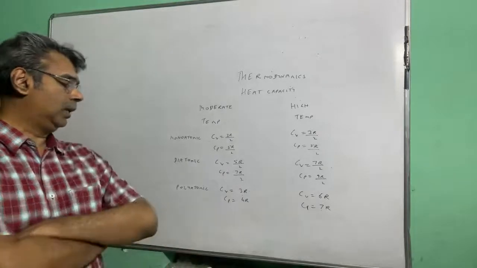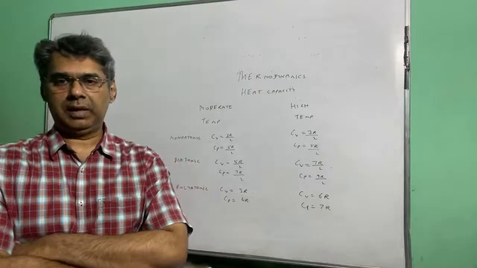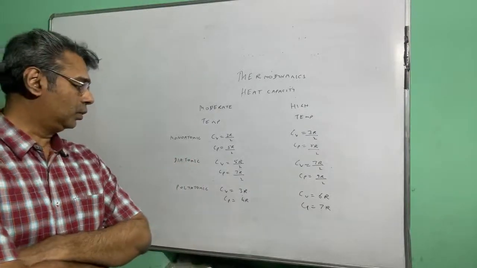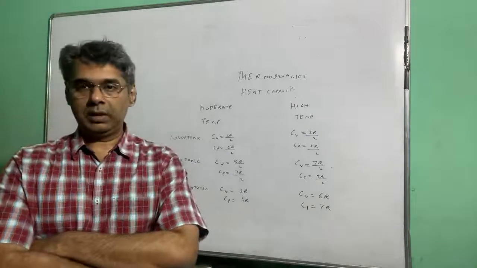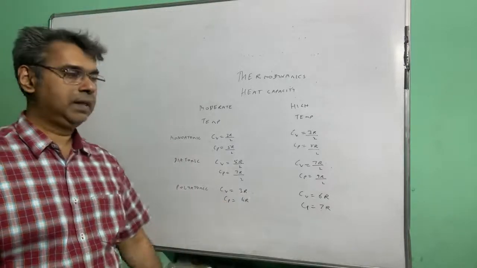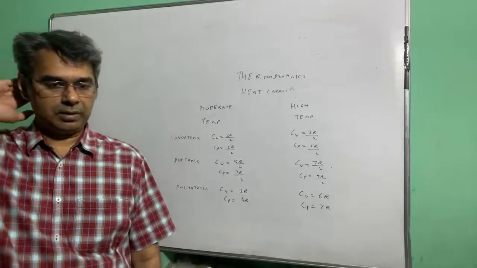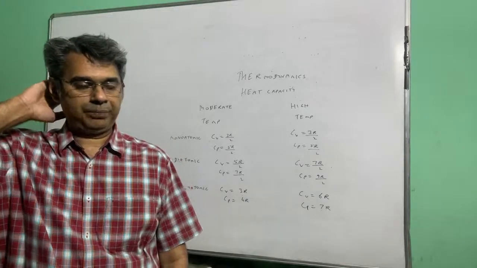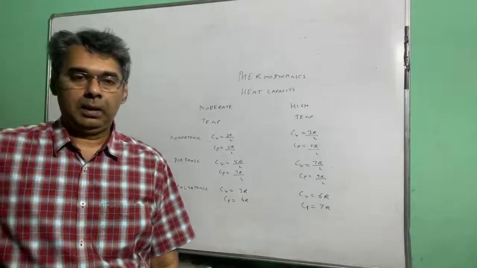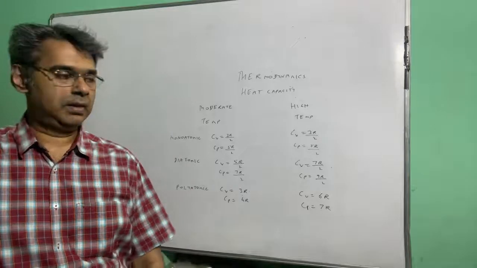Next we come to polyatomic. Polyatomic means triatomic, tetraatomic, etc. For those molecules at moderate temperature, you will have 3 degrees of translational freedom and 3 degrees of rotational freedom, and at high temperature 3 degrees of vibrational freedom also.